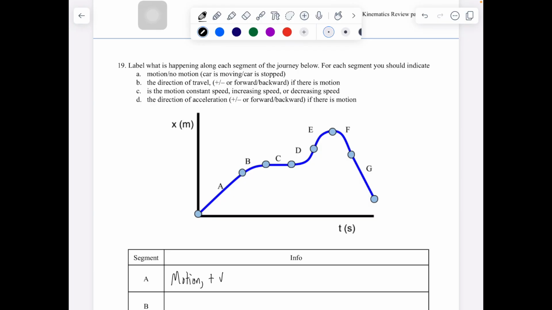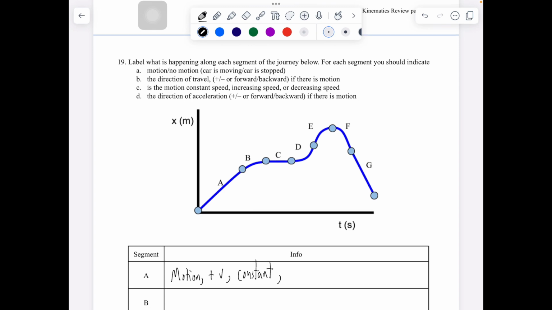So here they have a positive velocity. The motion is constant because the slope is constant. Slope is the velocity, so the slope is constant means the velocity is constant. And direction of acceleration, well, there is no acceleration because it's undergoing constant velocity motion.